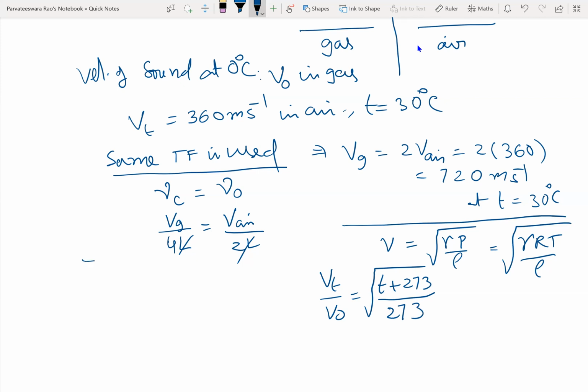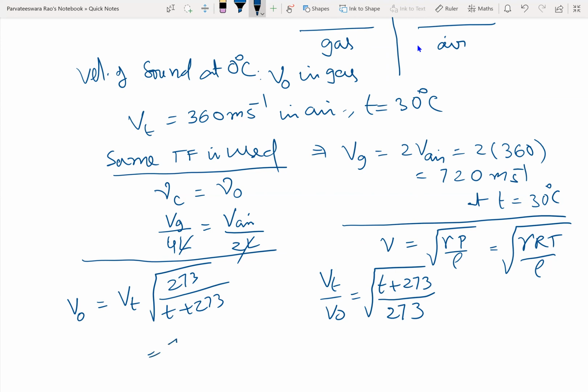So you want velocity at 0 degrees in that gas. So it is Vt into root of 273 by T plus 273. So it is 720 into root of 273 by 303. Correct? Yes, this you have to simplify to get the answer.